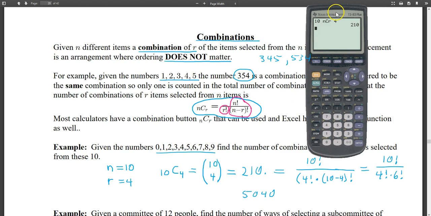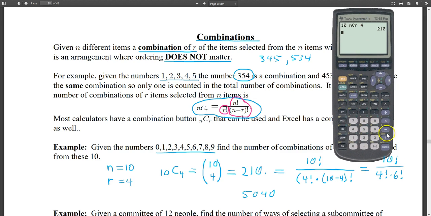So we evaluate 10 factorial divided by, and we have to put in parentheses, 4 factorial times 6 factorial. So there's the actual combination formula. There you go. It's the same thing, 210.